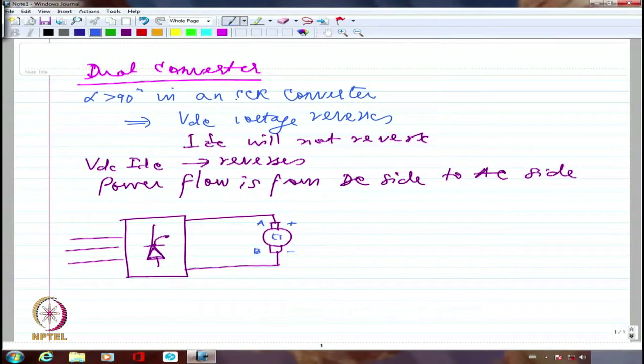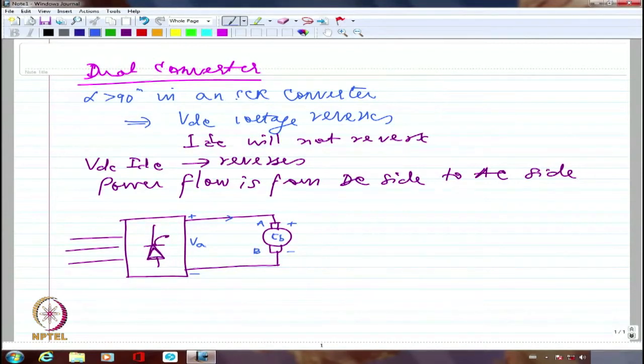Now the current flows because of VA, the armature voltage. The armature voltage available depends upon the firing angle at which I am firing this converter, and the AC voltage that I am having.